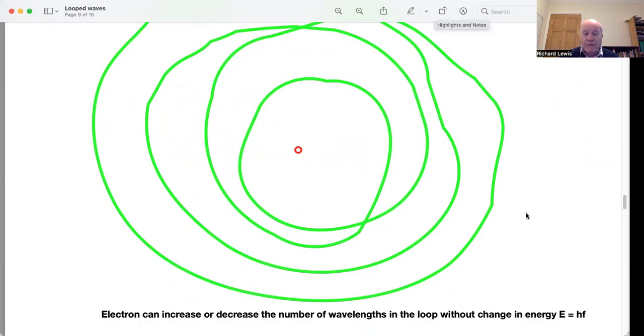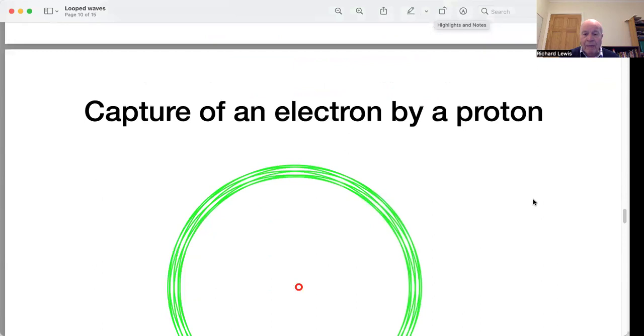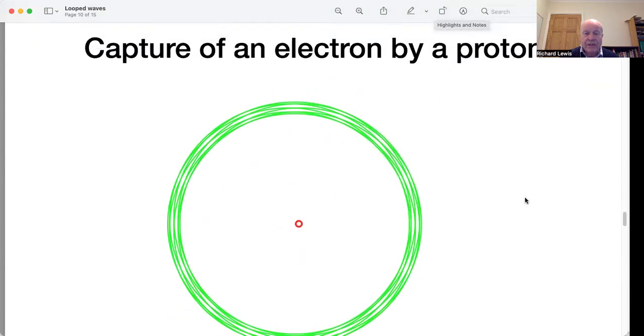So now this is illustrating the electron, which can increase or decrease the number of wavelengths in the loop without a change of energy, and we can illustrate the process of capture of an electron from this diagram here. And what happens, in fact, is that the electron finds that there is a particular energy state which is stable, and so the loops of the electron around the nucleus form particular energy levels.